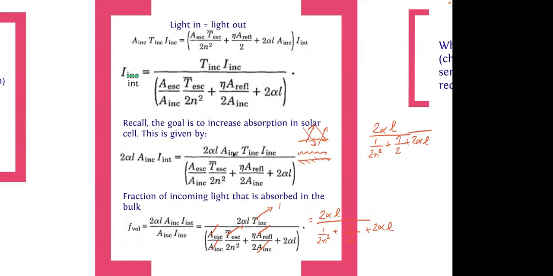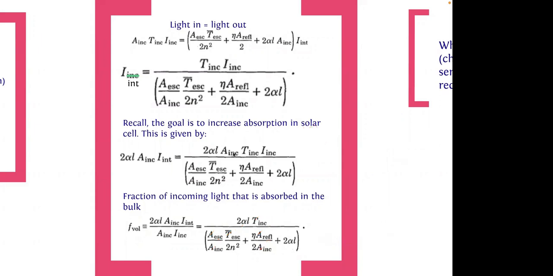If I ignore that, I end up with an expression shown here. To maximize this, the only things I can do are increase alpha, increase L, or increase n. It is satisfying because it makes intuitive sense. Increasing n makes sense because that increases my upper limit of the intensity of light I can achieve inside the material.